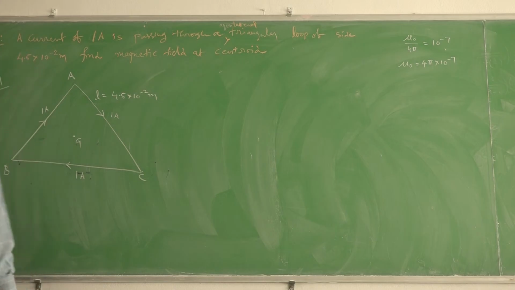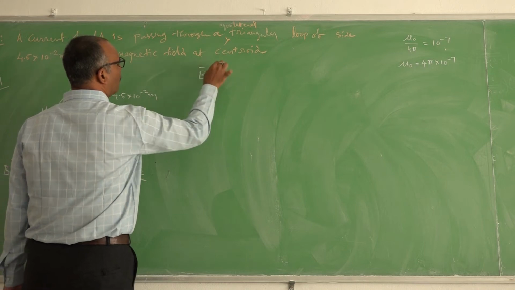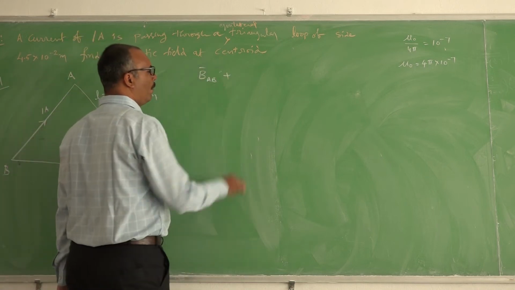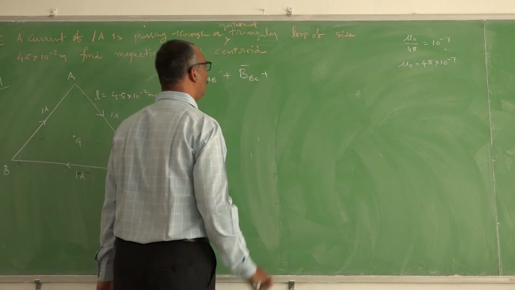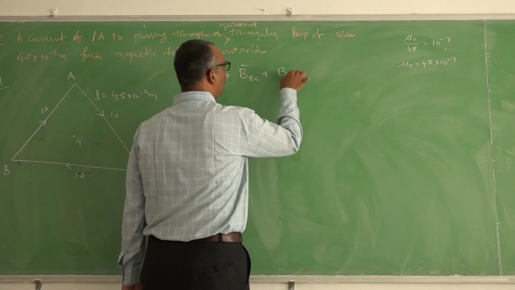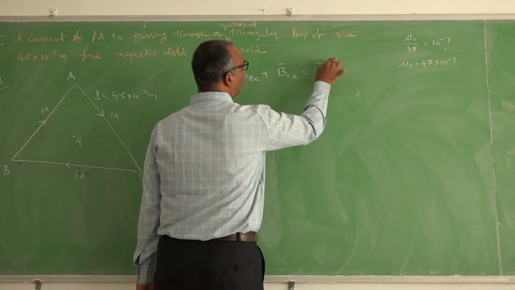But if you observe clearly, there are 3 straight wires lying here. So because of the first straight wire, the magnetic field is B_AB. Because of the second, B_BC. Because of the third, B_CA. By adding these 3, you will get the net magnetic field.